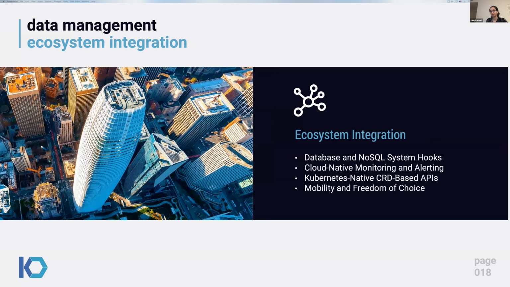Apart from security, we also need to consider ecosystem integrations. We've seen that with Kubernetes, we have a lot of integrated services, which are not limited to just the databases, but also other systems, other system hooks, etc. The whole ecosystem, like we've described before, now includes everybody. It includes developers, the IT, the ops, the database admins, as well as the storage admins.